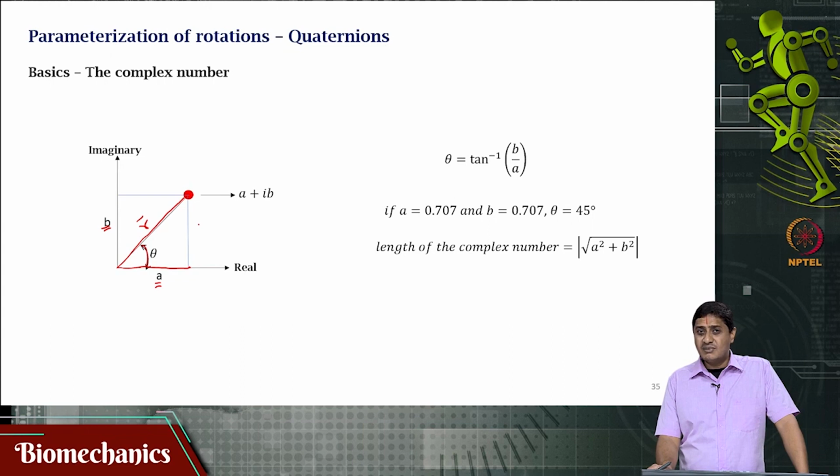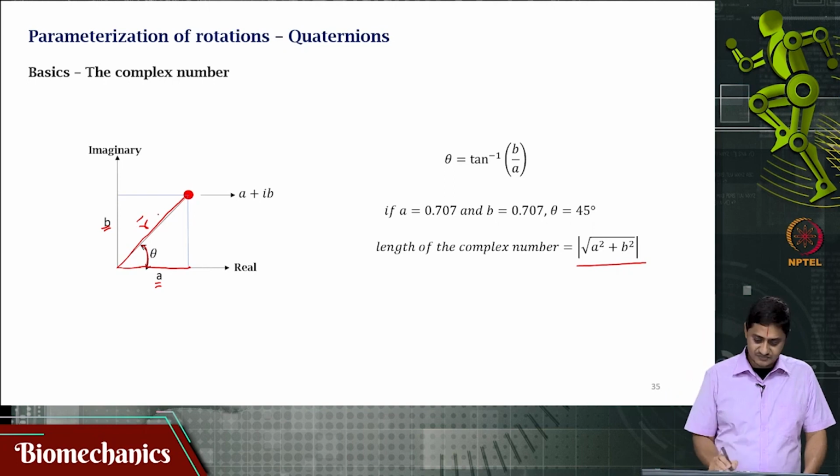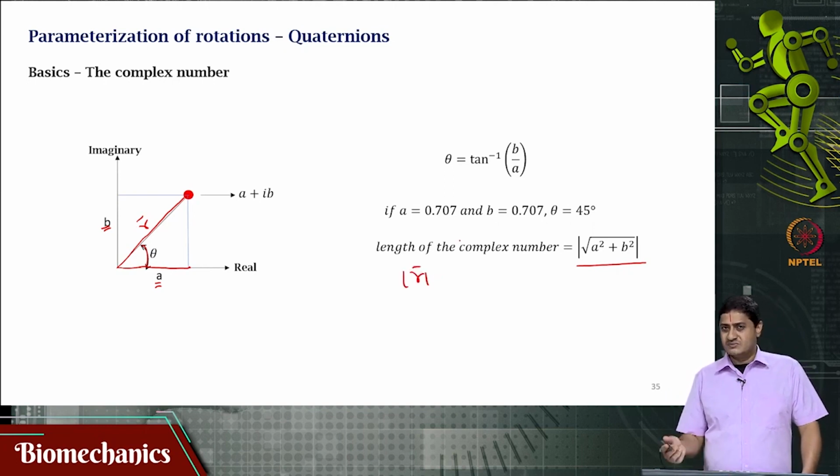What is the magnitude of this? That is the square root of the sum of the squares, that is r. This is also something that we know from high school math, right?